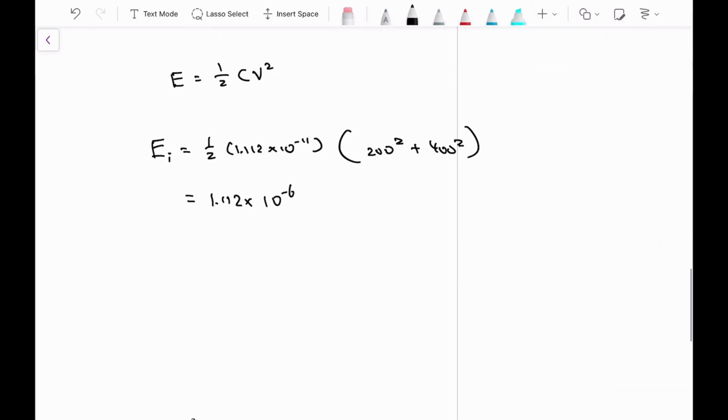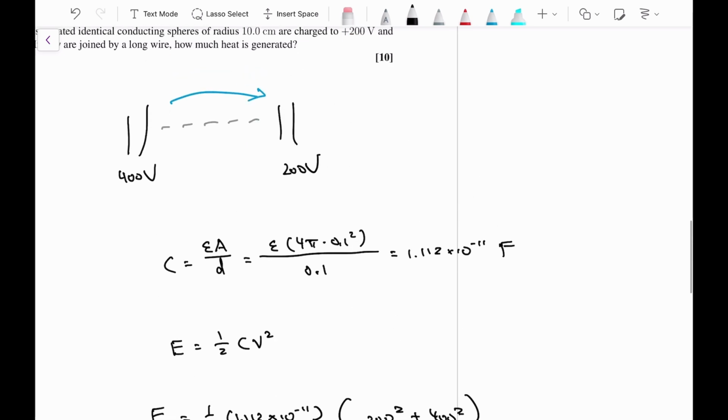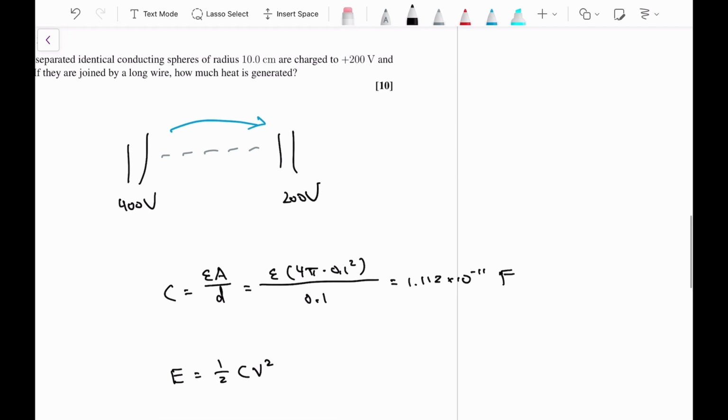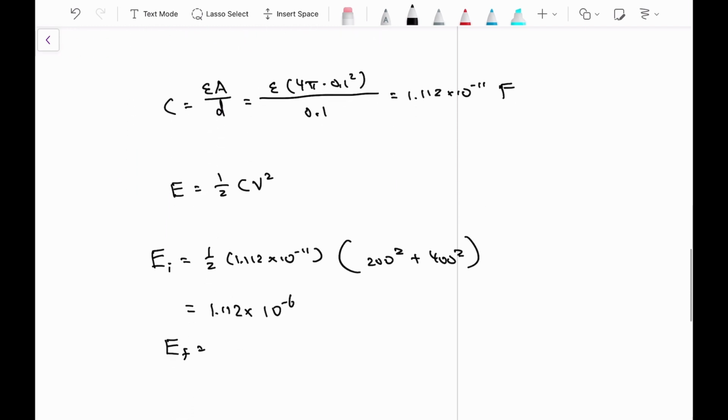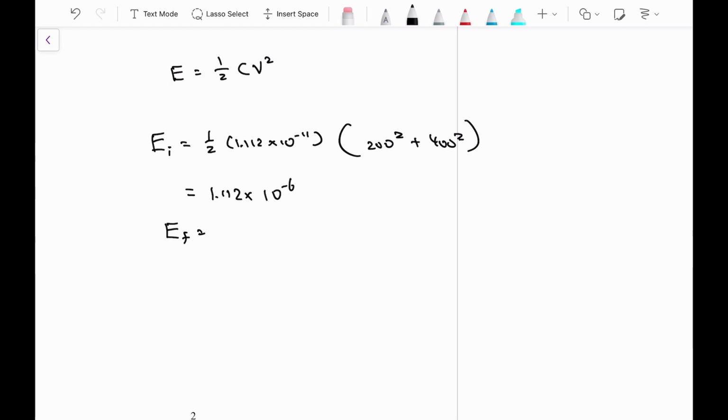And E final, in this case, I suppose is when their potentials are equal to each other. So that will be 300 V from common sense. That's 300 V, so that will be a half C. I'm going to write C for now.